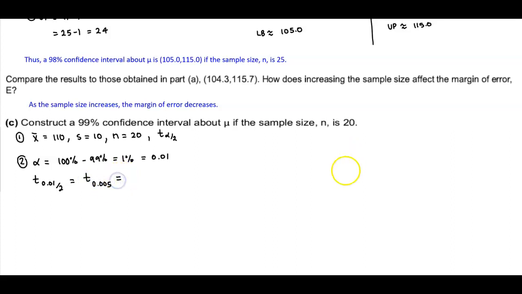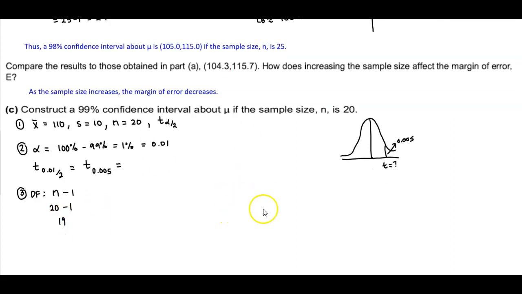So that tells us we have a critical t value with an area of 0.005, and we want to find out what that critical t value is. We also need to know the degrees of freedom, which is the sample size minus 1. Our sample size is 20, and subtracting 1 gives us 19.